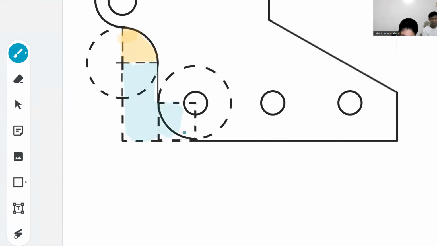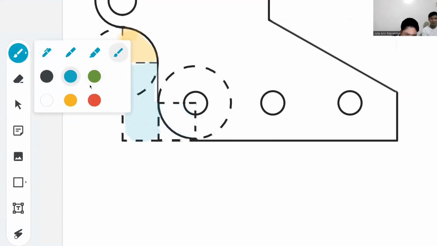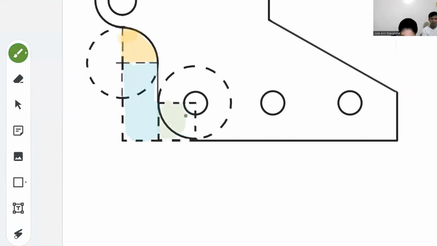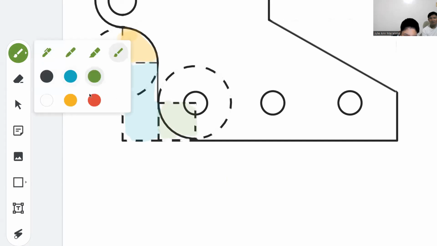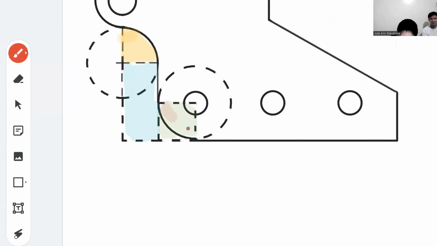In blue again, just darker? No, let's use a different color, otherwise it will not be seen. Green or red. Okay, let's say green. And then red is this quarter circle.